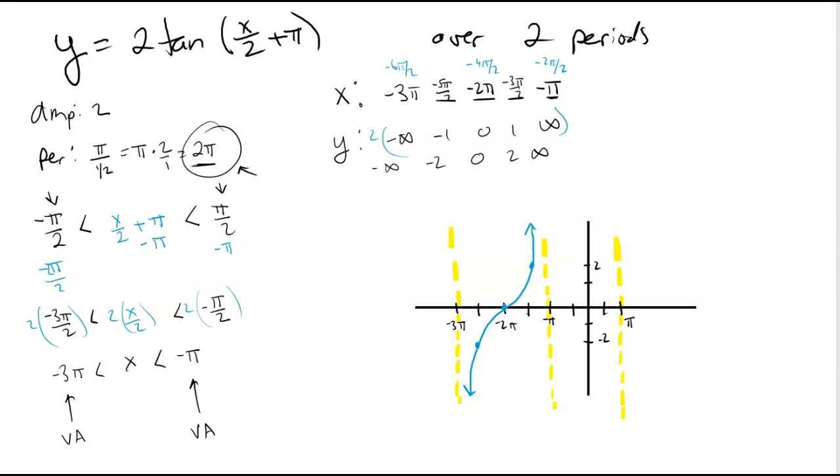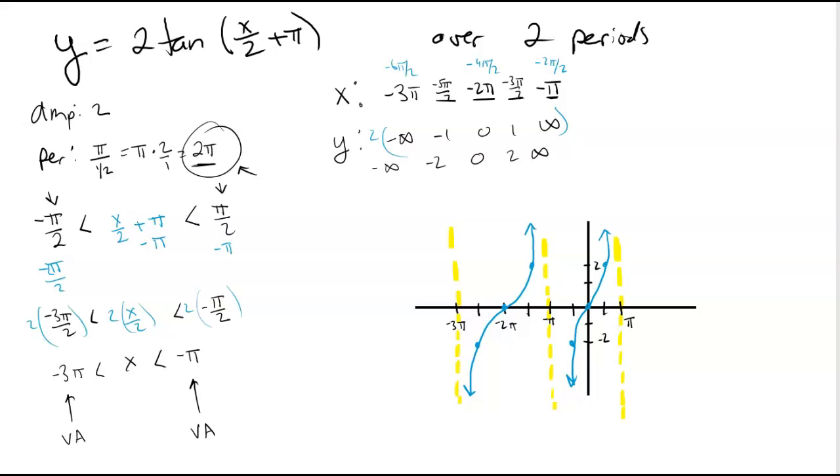So I draw my second one. Again, negative 2, 0, positive 2. My increments are a little bit closer together because this is not graph paper, so I'm not as great on my second period as I was on my first period. But that's it. That's all you have to do.